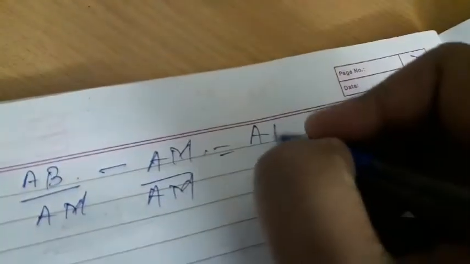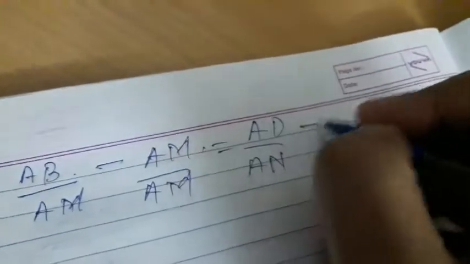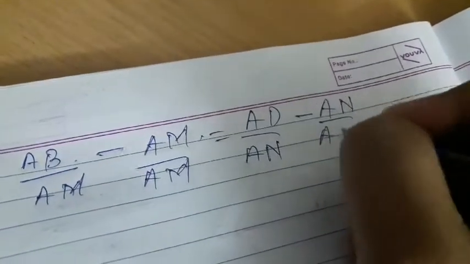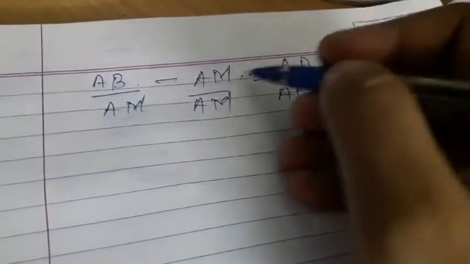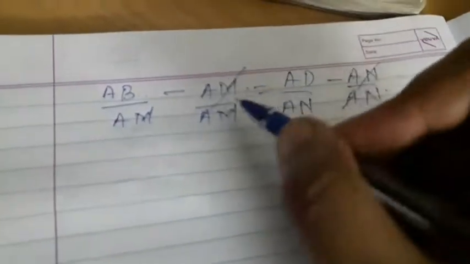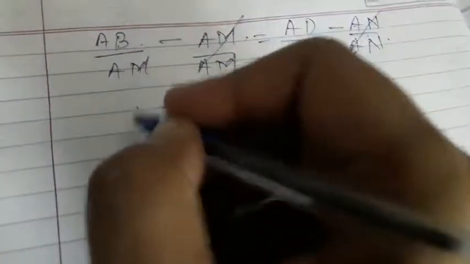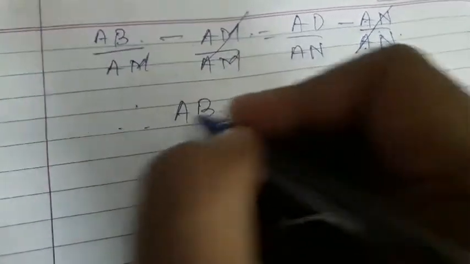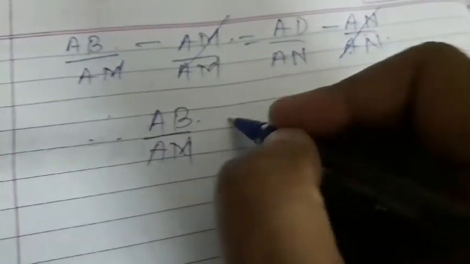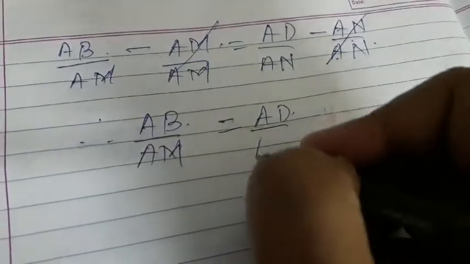And what will I get on the other side? I will get AD upon AN minus AN upon AN. We can cancel this, we can cancel this. This will be minus 1, this will be minus 1, and so this will disappear. So we will be left with AB upon AM equal to AD upon AN.